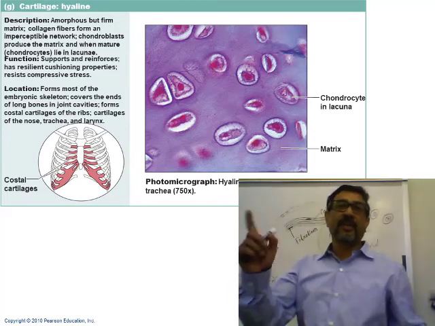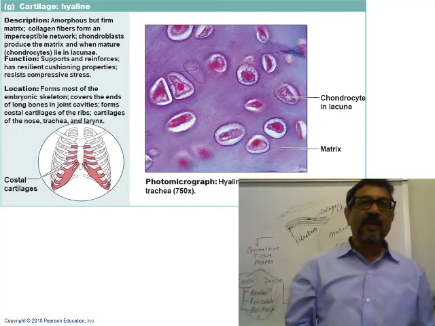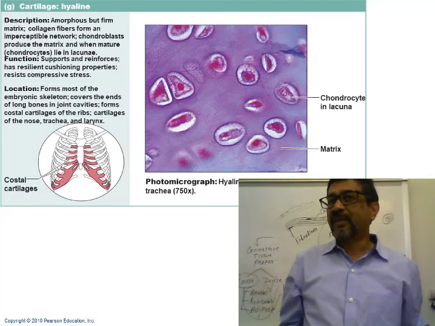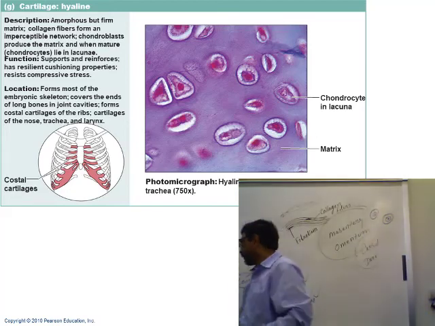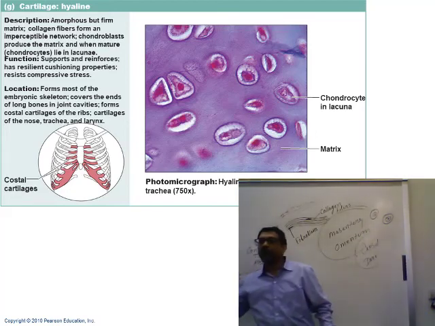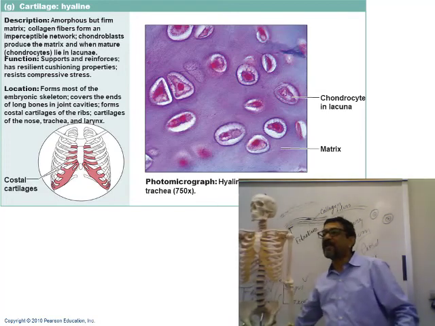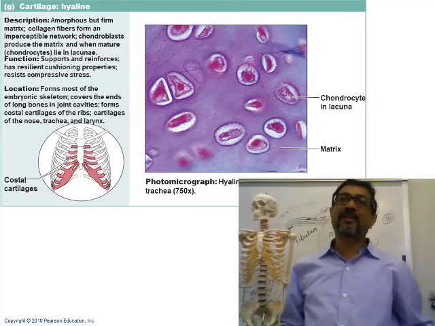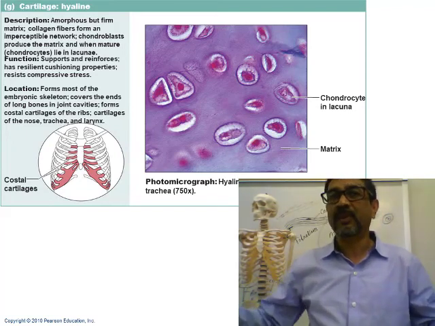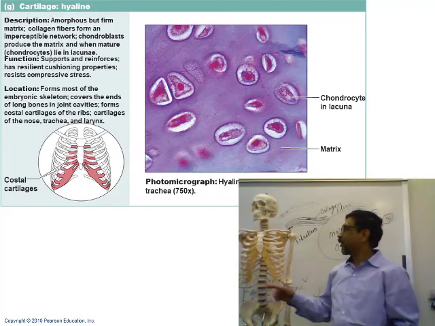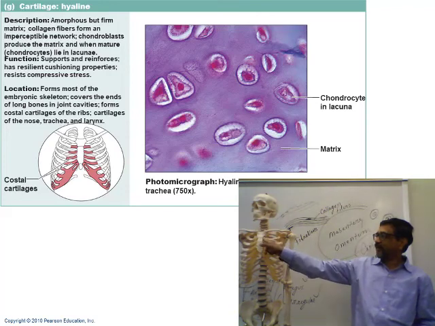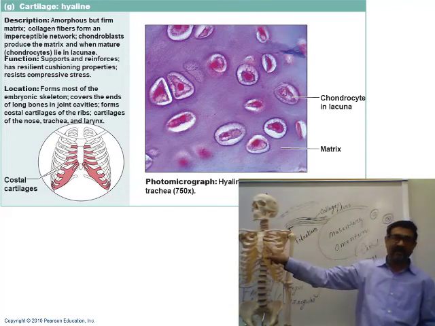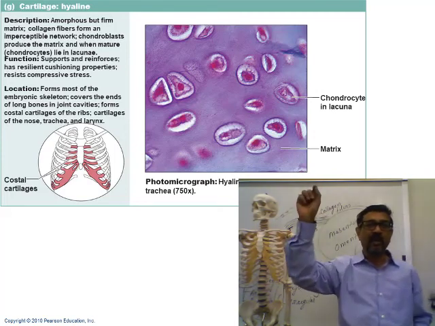Write down the locations. Hyaline is the most common type, so in many structures you will find hyaline. Number one, the whole fetal skeleton of the fetus. The whole skeleton of a fetus is hyaline. There is no bone, just hyaline cartilage. Number two, the cartilages called costal cartilages attached to the ribs, C-O-S-T-A-L.